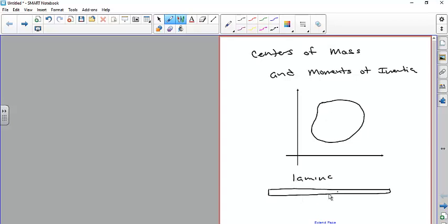Basically what that means is that the difference in density, which is the thing that's going to vary, is only in 2 directions, not in 3 directions. So we would assume we have something like a plate, and we're going to define our coordinate system, say x and y, within that plate. In the z direction, there's no change in density.